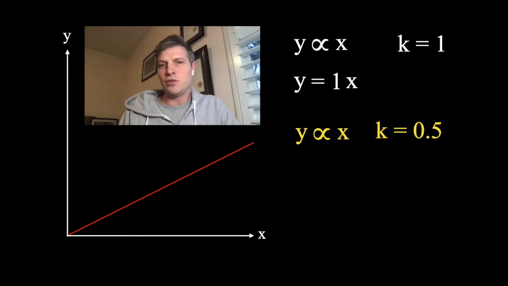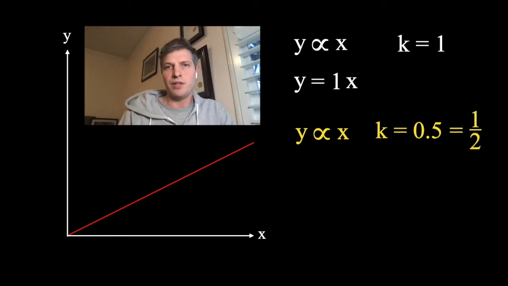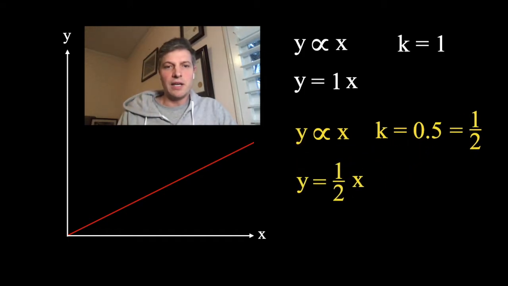It's much easier for us to use fractions when we're working in formulas here, so we're going to put this as 1 over 2. If Excel gives you a value, you might need to put that into your calculator, which I'll show you in a minute. So I'm now going to write that as y equals half x with that constant of proportionality there. And if I don't like it as a fraction, I can change this to 2y equals x.